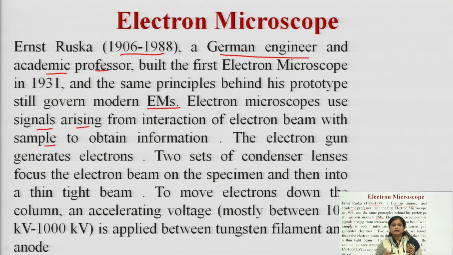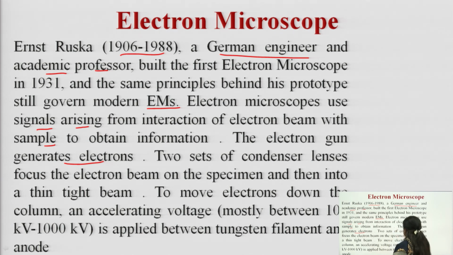There are various parts within an electron microscope. The source of electrons is a gun, present at the top, and the electron gun generates the electrons, which are the source that generates the image of the specimen.